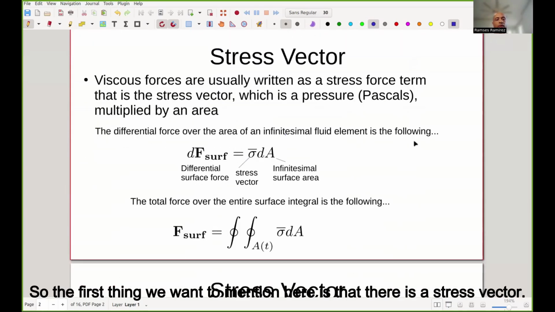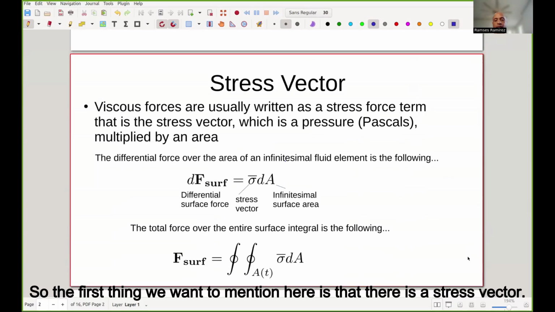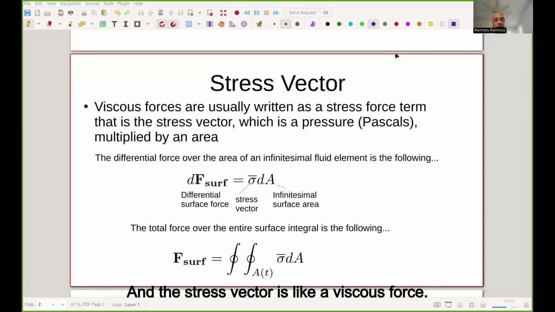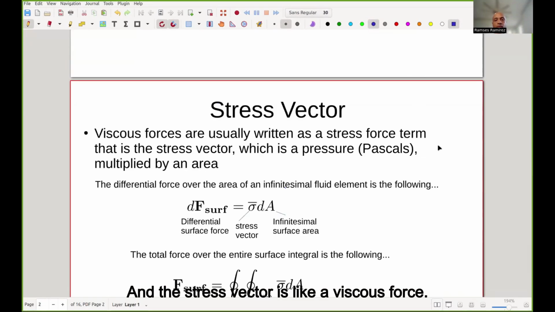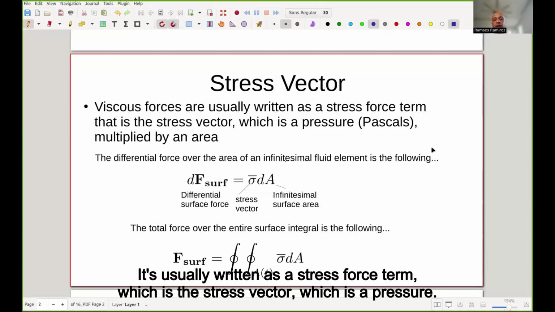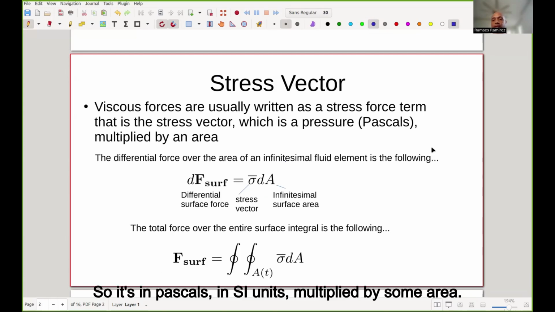The first thing we want to mention here is that there is a stress vector. The stress vector is like a viscous force. It's usually written as a stress term, which is a pressure, so it's in pascals in SI units, multiplied by some area.